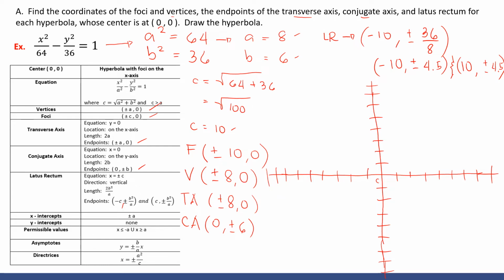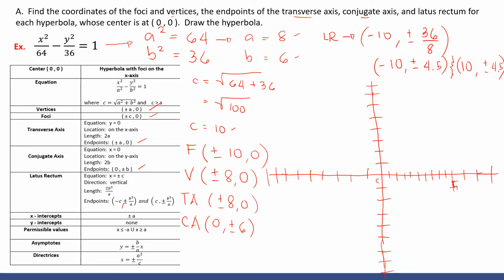This means that if the focus is plus or minus 10, 0, move 10 units to the right. In our case, the scale seems too large, so let's make intervals: 1, 2, 3, 4, 5, 6, 7, 8, 9, 10. This is our focus 1 or focus 2, since it's on the right. But like we said, it can be reversed. If you want this to be focus 1, that's okay, or if you want this to be your focus number 2.